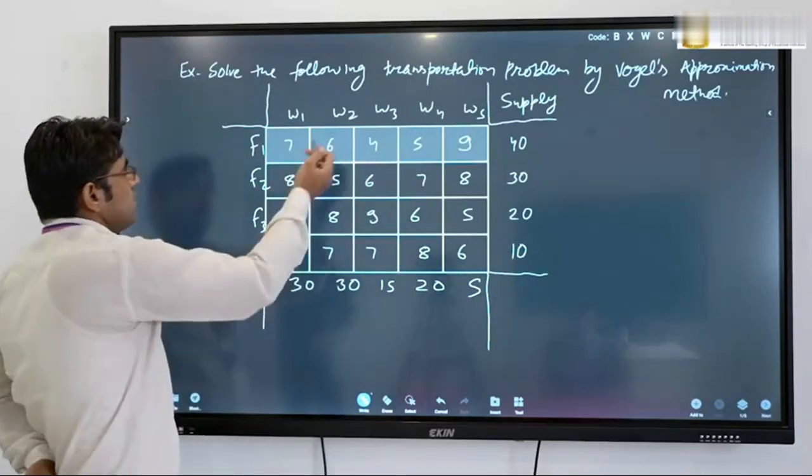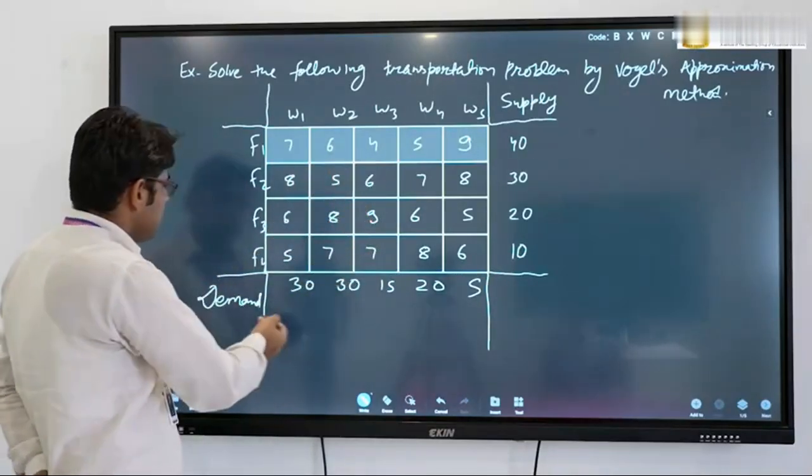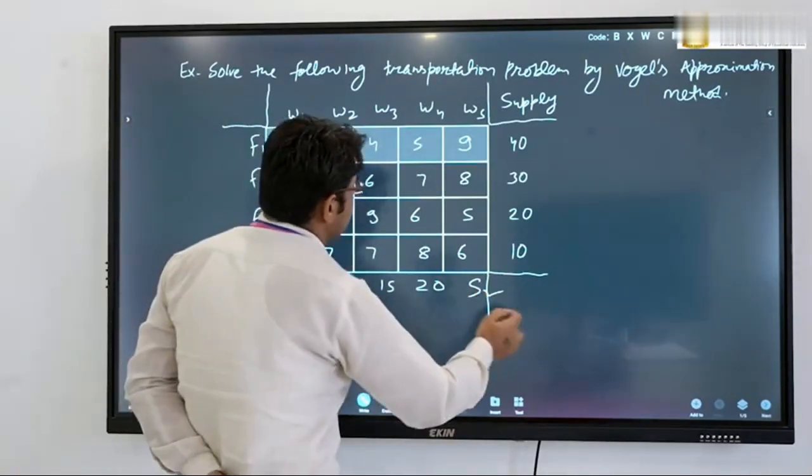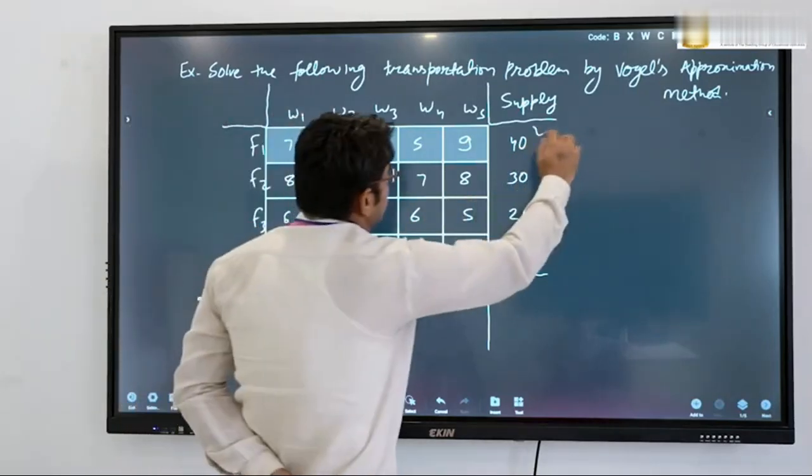Here these are the demand of warehouses and these are the supply of factories.